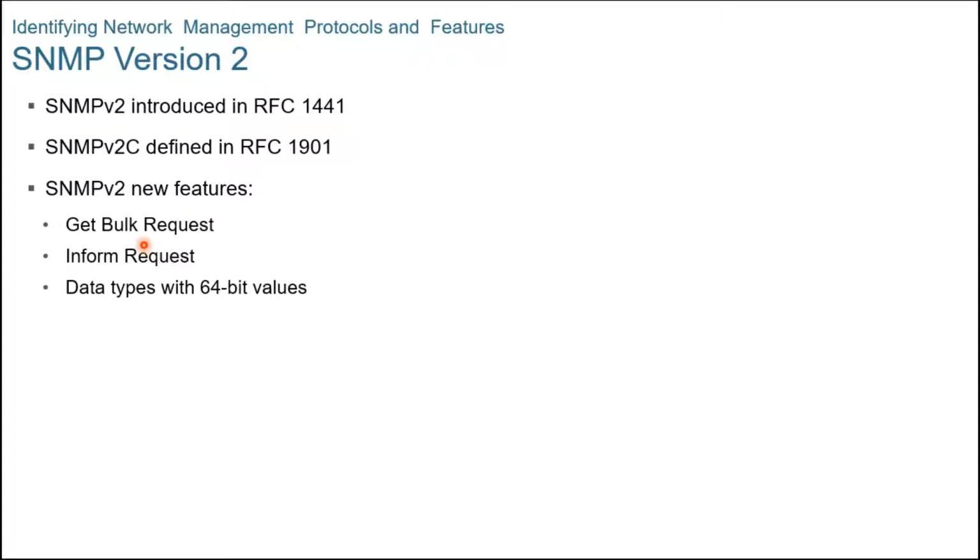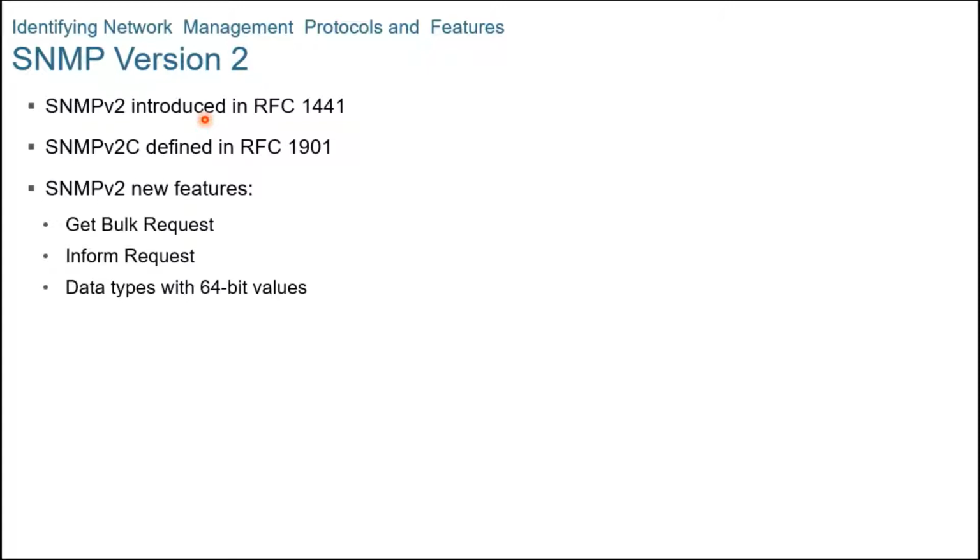The community-based SNMP version 2, or SNMP version 2C, which is defined in RFC 1901, Introduction to Community-Based SNMP version 2, is referred to as SNMP version 2 because it is the common implementation. The C stands for community-based security, because SNMP version 2C uses the same community strings as SNMP version 1 for read and write access.